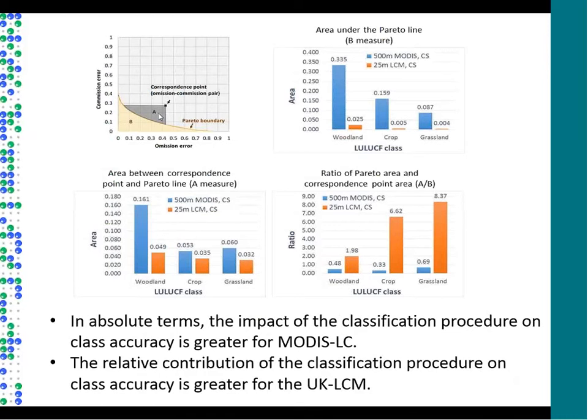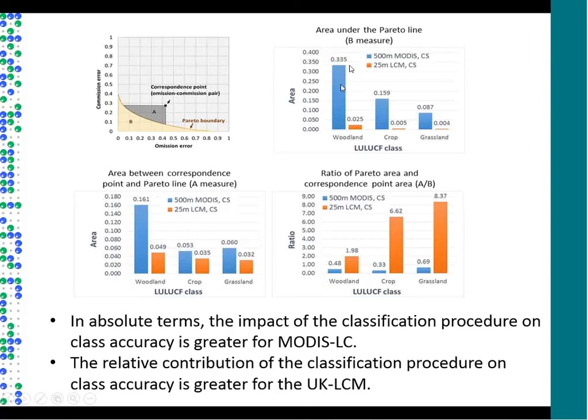So when we look at those measures, we can see that in absolute terms, these are this figure and this figure here, both the spatial resolution and the classification procedure, so this is the spatial resolution, and this is the classification procedure, have a greater impact on the classification accuracy of the MODIS land cover map.